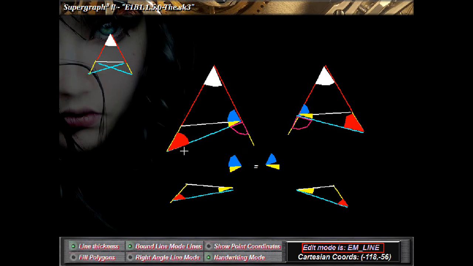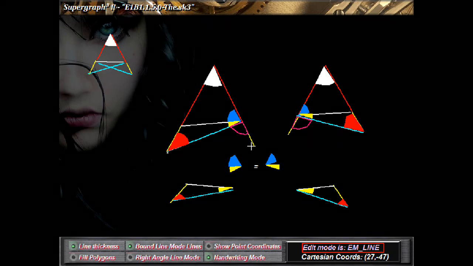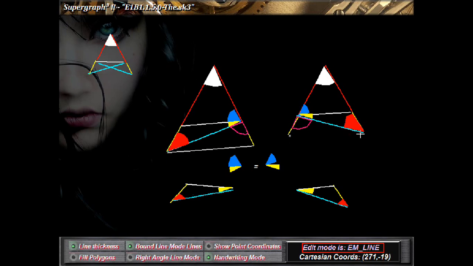And then we could close this off, let's say, with another line, a white, almost white line. Let's see if that does it. Well, in this case, these are identical equilateral triangles. And this triangle are identical, so they coincide.